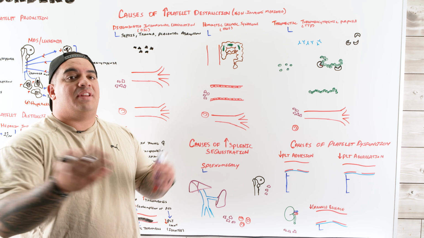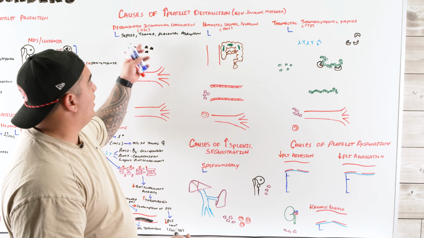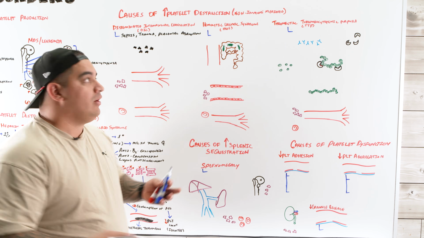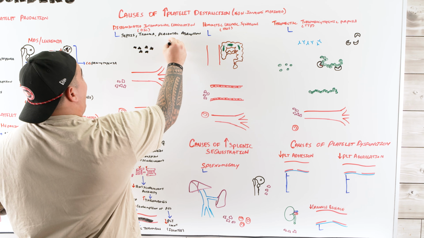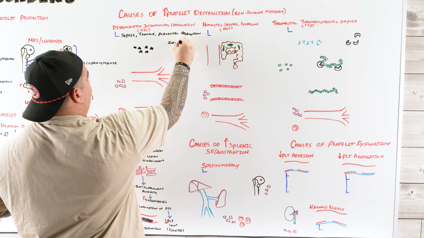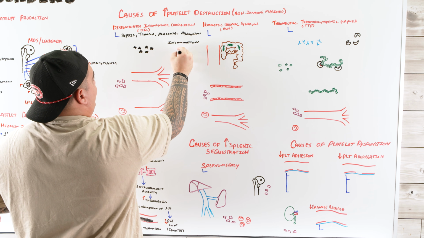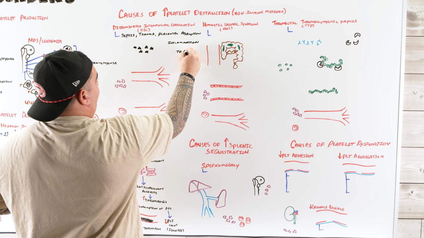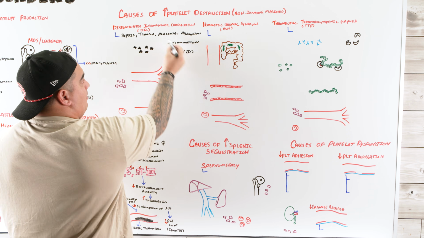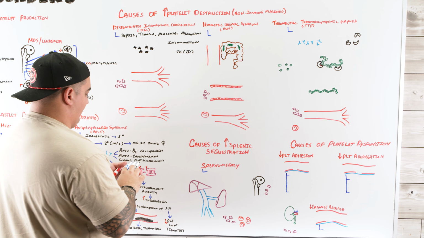So in all of these scenarios, these triggers cause inflammation, right? So that's one way, there's massive inflammation, or there's lots of tissue factor, or factor 3. And that's from placental abruption, like an amniotic fluid embolism.